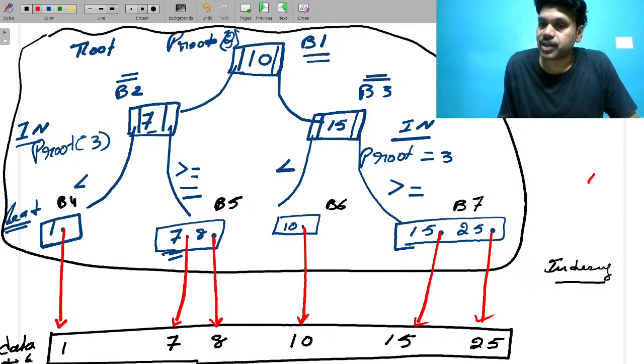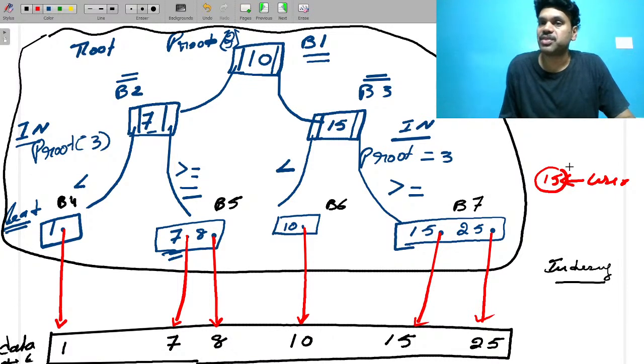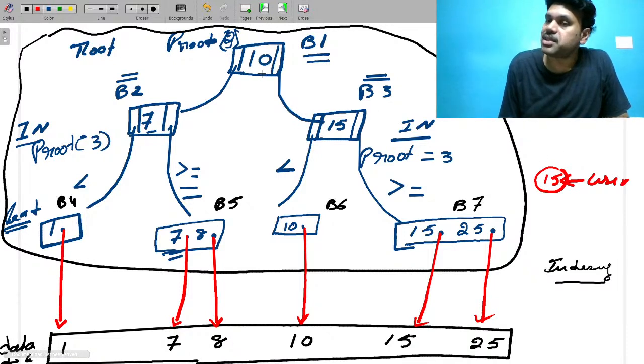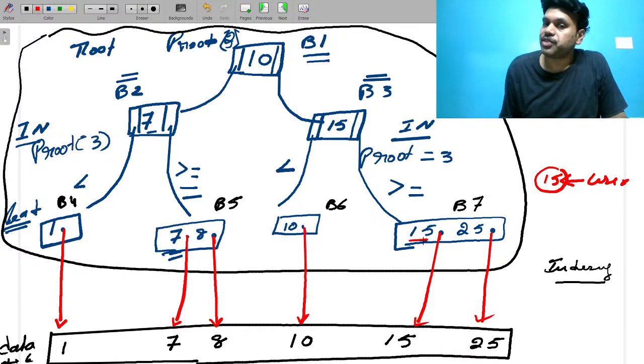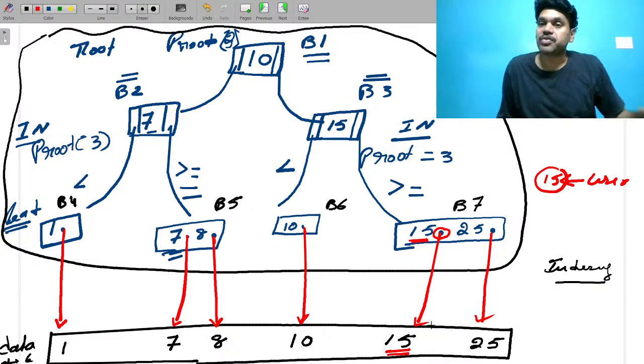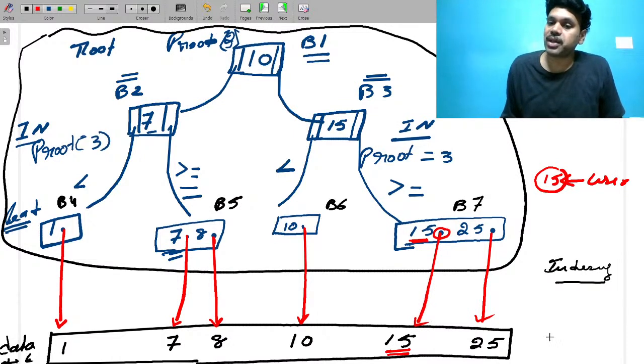If a user asks, I want to search record number 15, it starts searching first in the root only. 15 is greater than 10, so it comes to the right side. 15 is equal to 15. Yes, it is satisfied. It goes here, and 15 is found in the leaf. I use the record pointer. Get your record. So this is how it performs the lookups to get back your data from your data file.